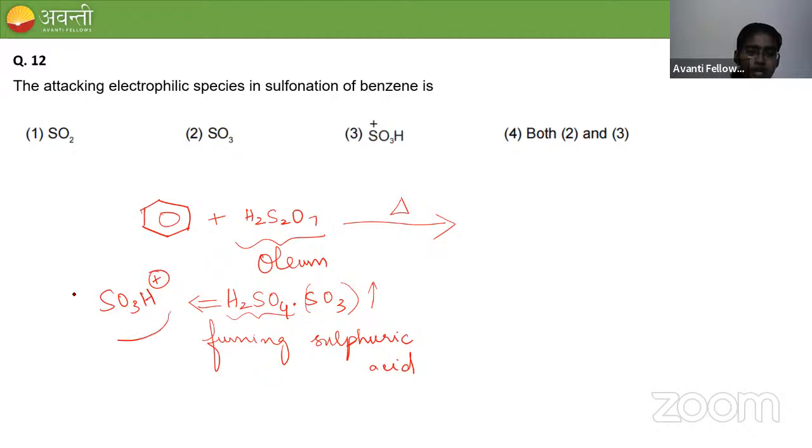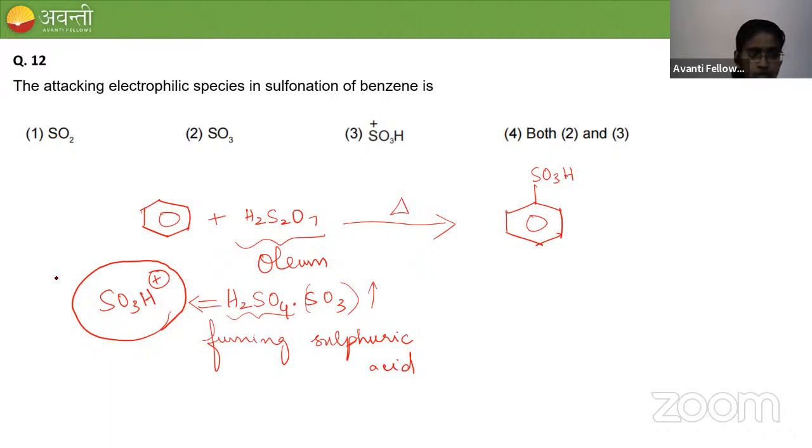So this is the electrophile that is getting generated from this oleum. Okay. So this electrophile will go and attach to the ring. So we'll get C6H5SO3H. And the name of this compound is benzene sulfonic acid, and this process is called as sulfonation of benzene.